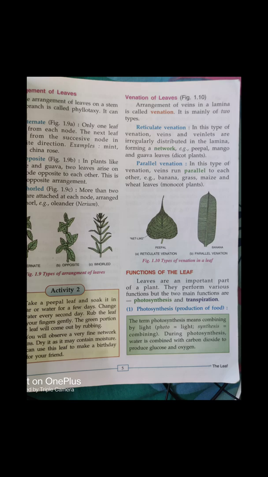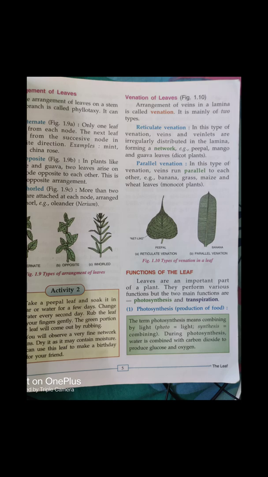What is photosynthesis? Photosynthesis is a process by which production of food occurs. The term photosynthesis means combining by light. Photo means light and synthesis means combine or making.